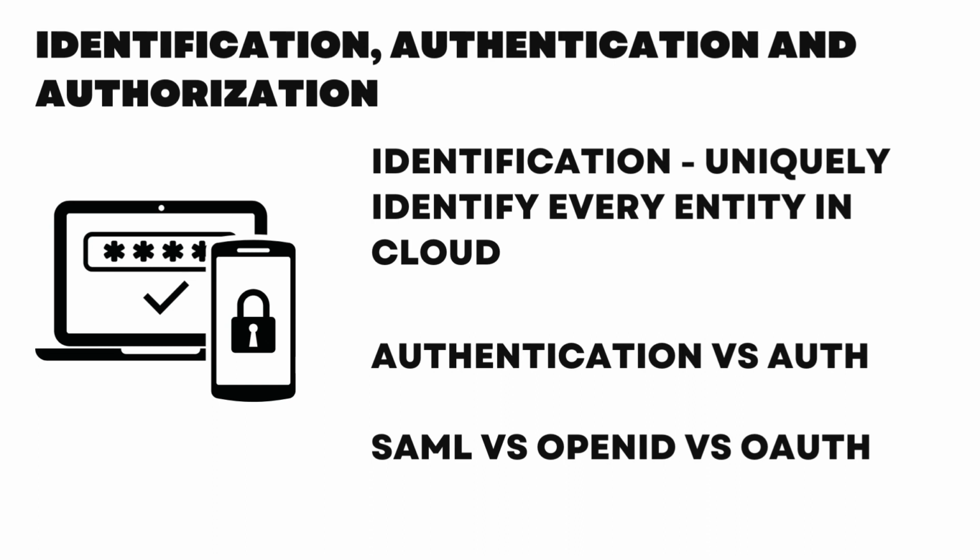So OpenID was created for federated authentication, meaning it lets a third party authenticate users using accounts you already have. For example, if you already have accounts in Active Directory, you can use OpenID or SAML to authenticate against that, and you don't need to create new IDs in the cloud, right? You can use that. And OAuth was used mostly for authorization.